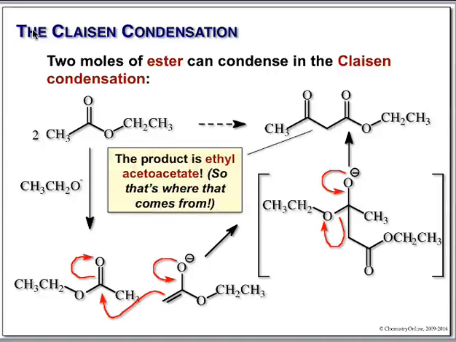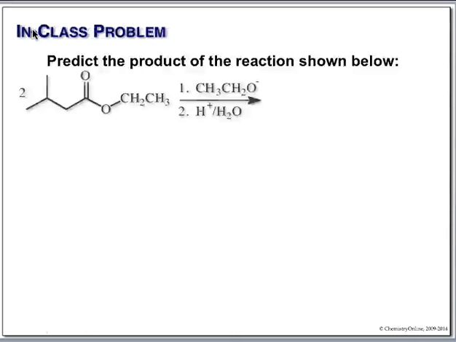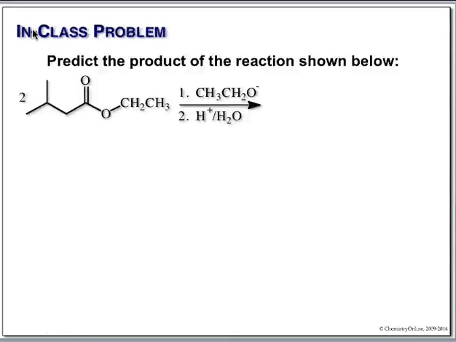Now, what I want you to remember, again, going back to chapter 21, this is just acyl transfer. We do an addition, get a tetrahedral intermediate, leaving group leaves to give us our carbonyl. So let's do it again. Let's take this stuff, in the presence of ethoxide, and do a Claisen condensation. Step 1, draw the structure of the enolate.